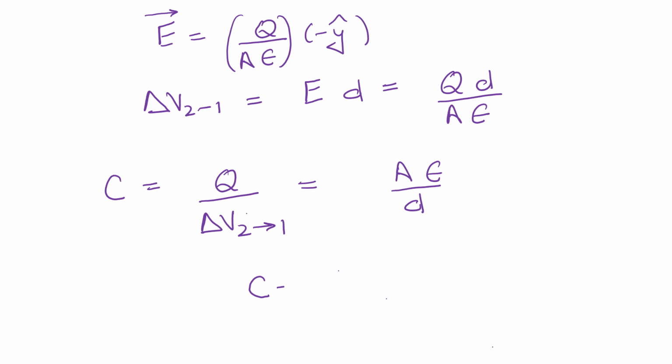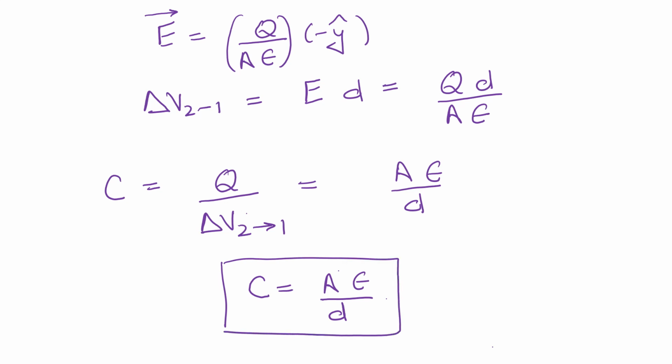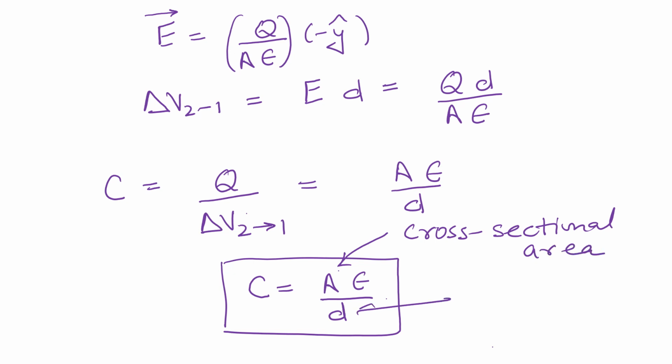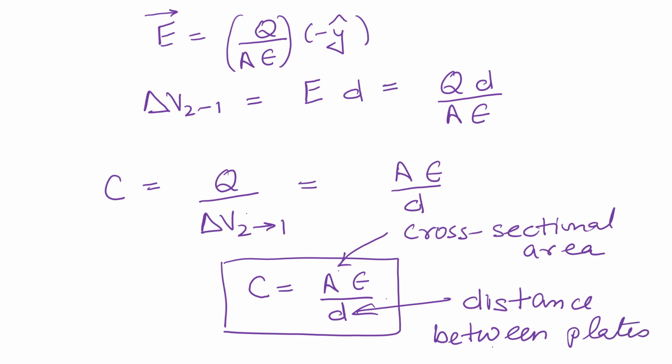So the capacitance of a parallel plate capacitor would be this. A is the cross-sectional area of the plates, D is the distance between the plates, and epsilon is the dielectric permittivity of the material between the plates.